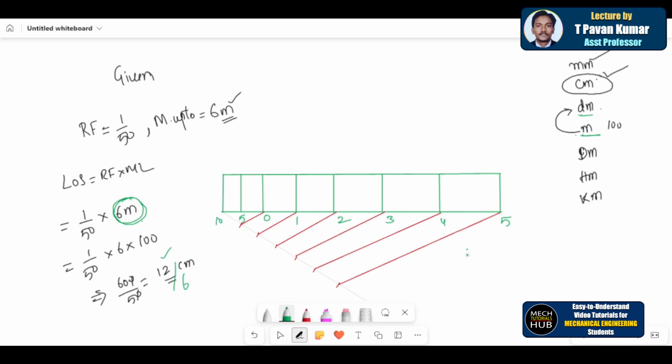So meters are placed to the right of the scale, and decimeters place it to the left, and RF always placed in the middle, which is 1 by 50.